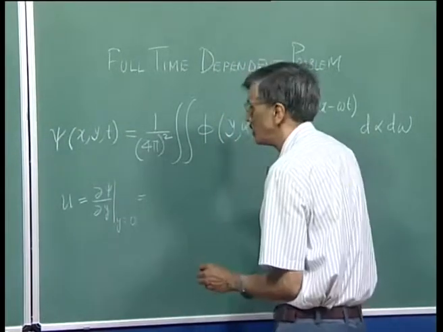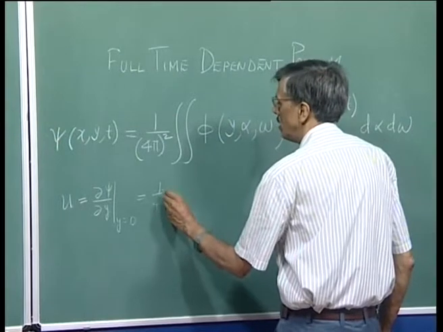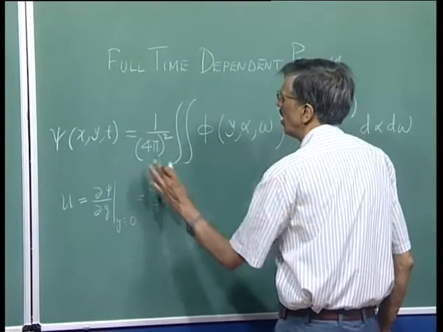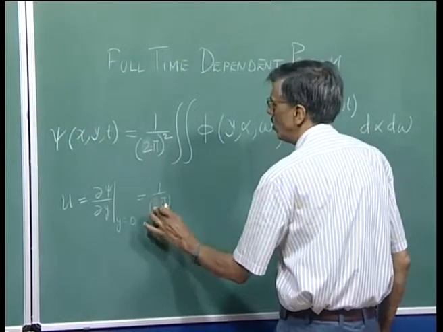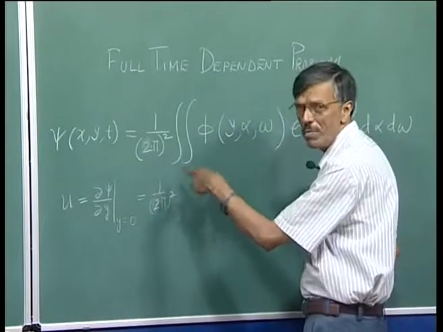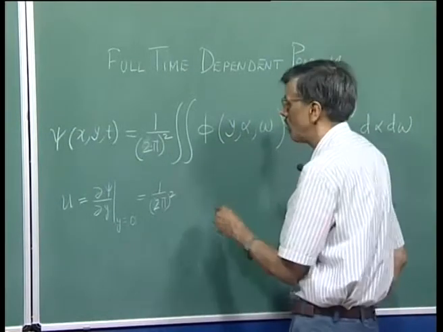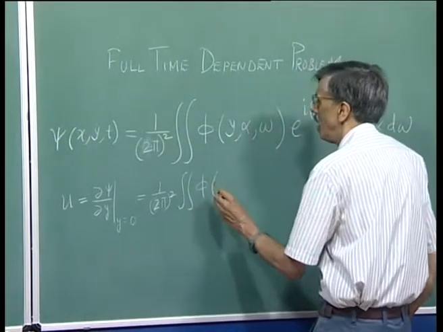We get 1 over 2 pi whole square, one 2 pi each coming from alpha and omega, times phi.